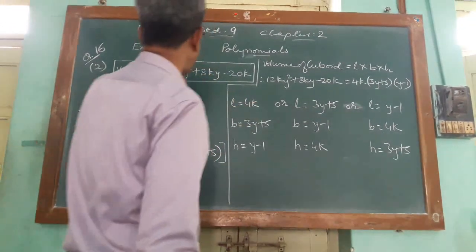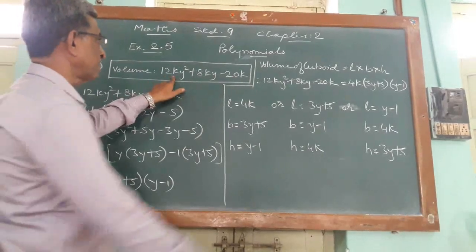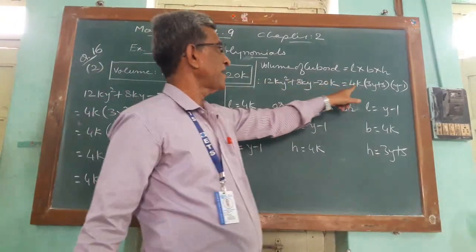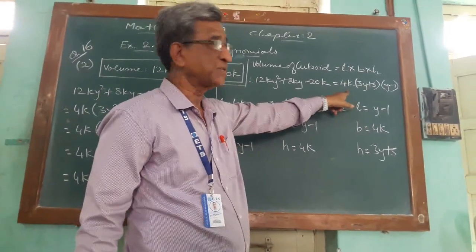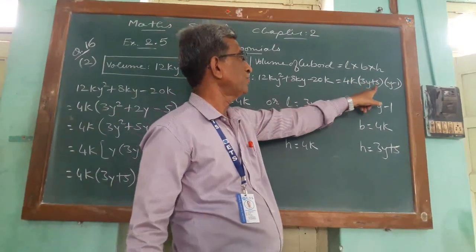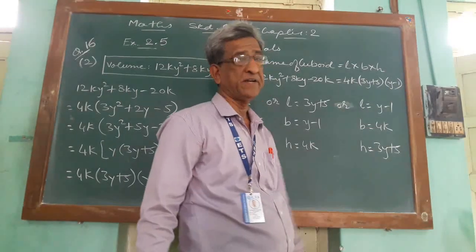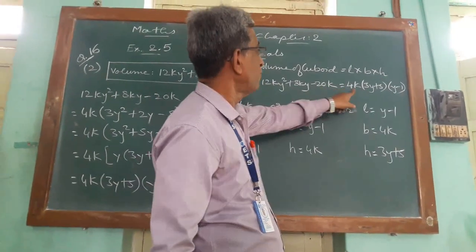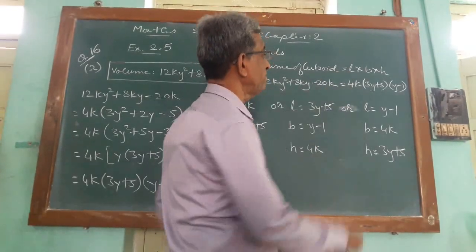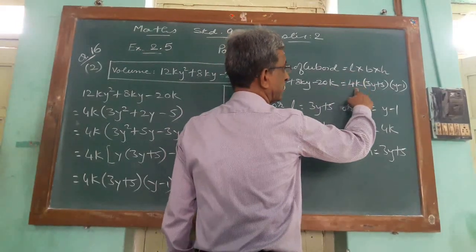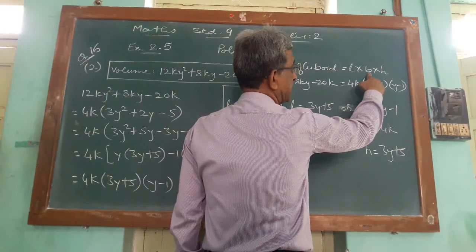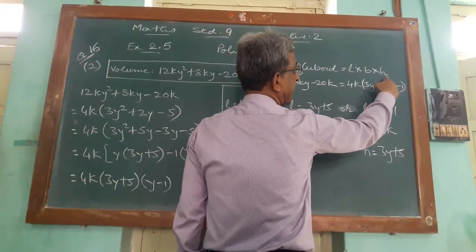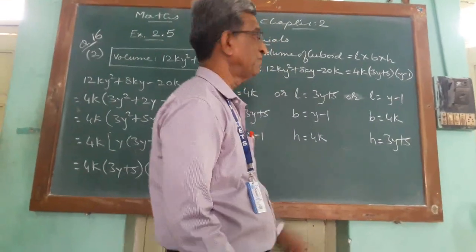So volume of cuboid is given 12ky square plus 8ky minus 20k, and its factors are 4k into 3y plus 5 into y minus 1. If you compare, 4k will be length. In place of L you get 4k. In place of B you got 3y plus 5. In place of H you got y minus 1.